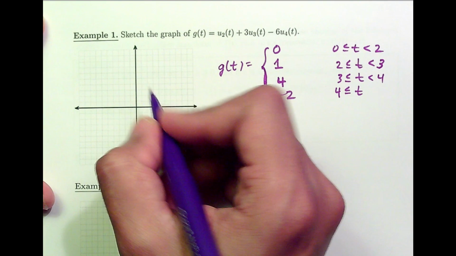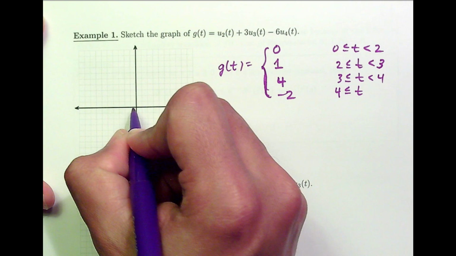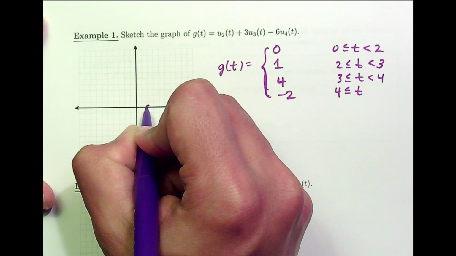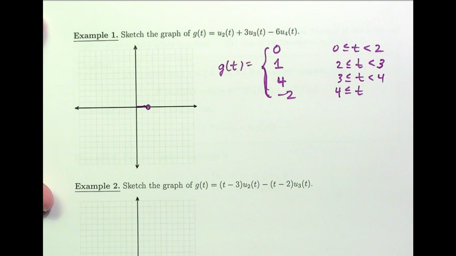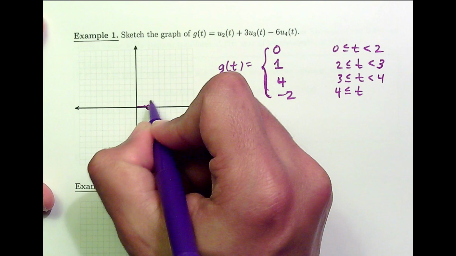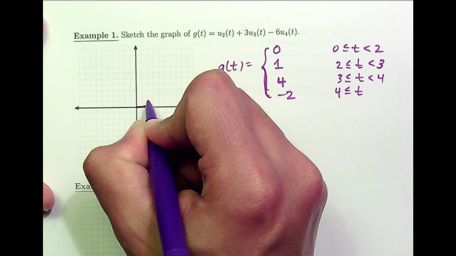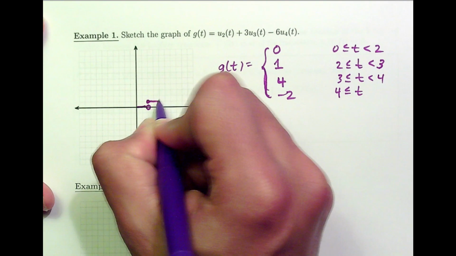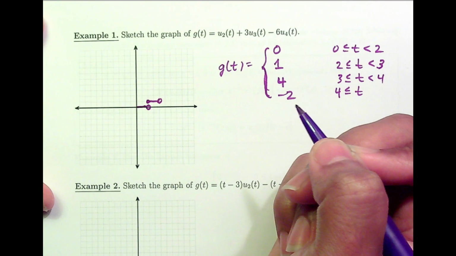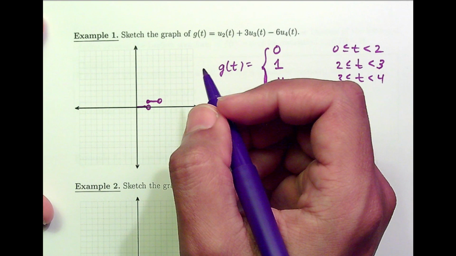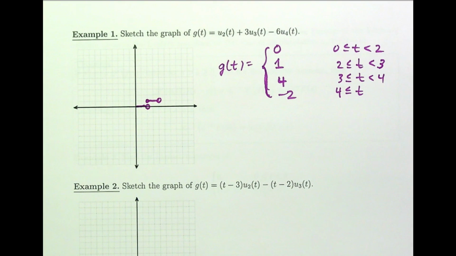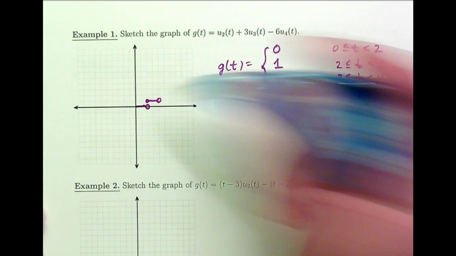So that means in this piece, you get 0. And there's a hole at 2. Now between 2 and 3, the value is 1, but you include that one, and not the other one. You see, this is too tiny. This is too small.